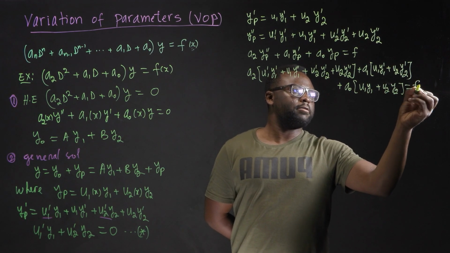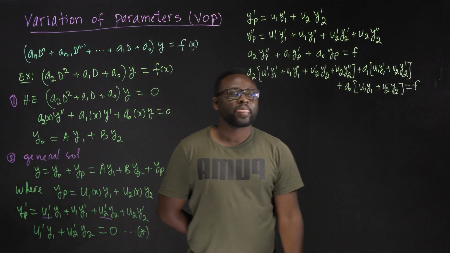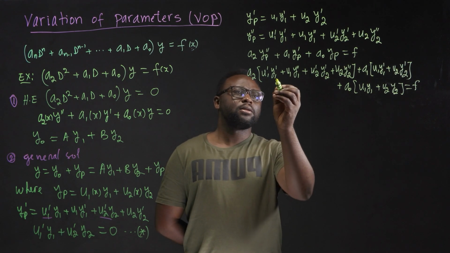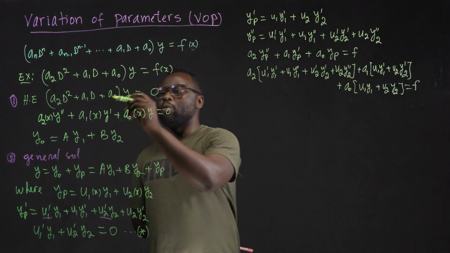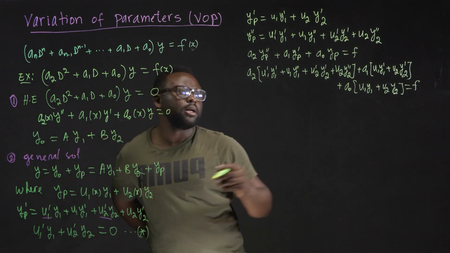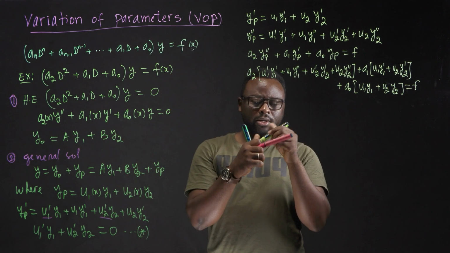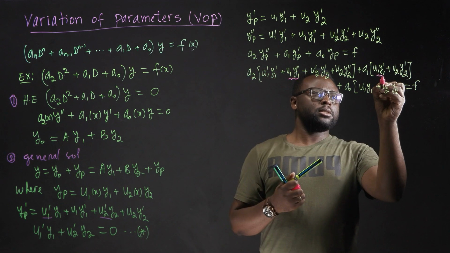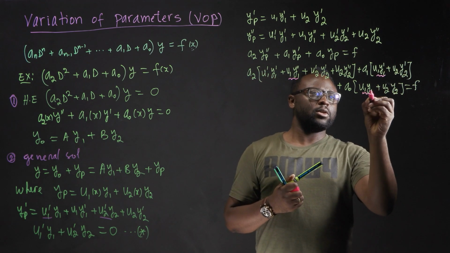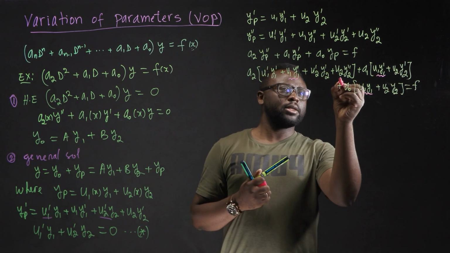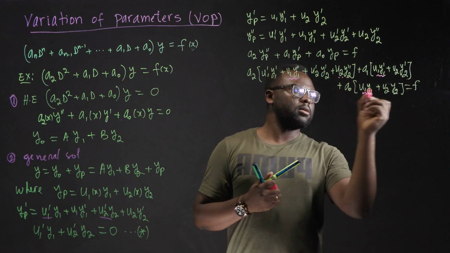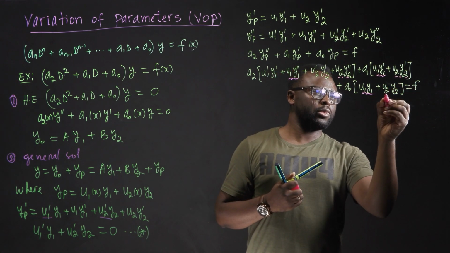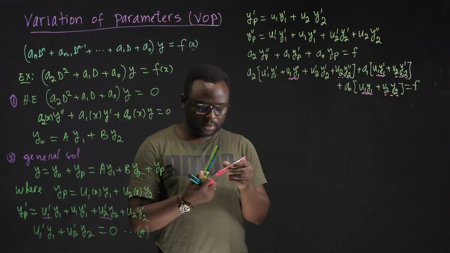This is equal to f. All right, remember that y1 and y2 are solutions to the homogeneous equation, okay? So let's write this term together. We can write this and this together. And we can also write this and this term together.